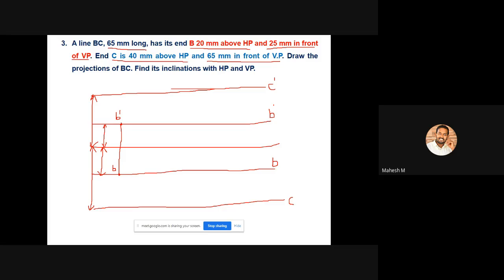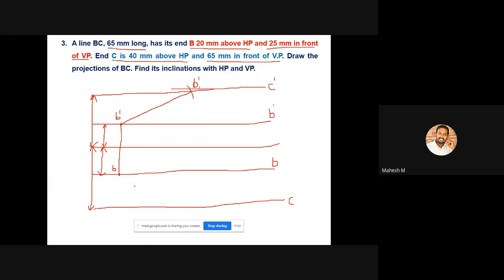You can take your compass with a dimension of 65 mm, place it exactly on the point called B dash, and create an arc exactly on the locus of C dash. So you will be getting a point called B1 dash, because this line is our true line.